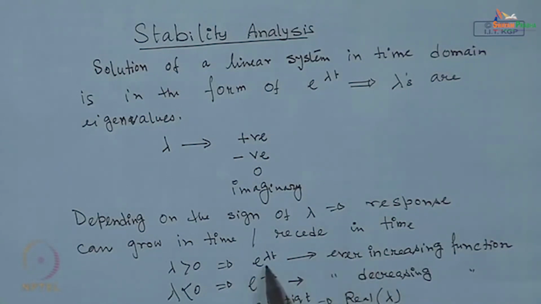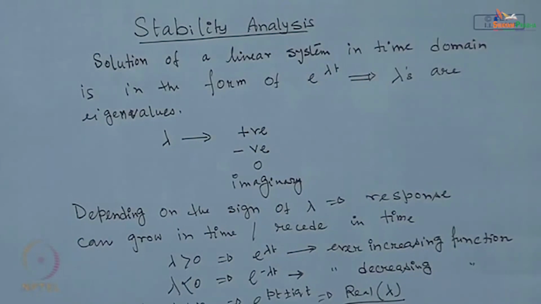So, if e to the power lambda t is an ever increasing function, that means, if you put a disturbance in a system, it will grow in time monotonically. On the other hand, if we put a disturbance in a system for lambda negative, the response will die down in time. So, in the case of imaginary roots, it entirely depends on the real part of the root. If the real part is positive, then the disturbance will grow in time.